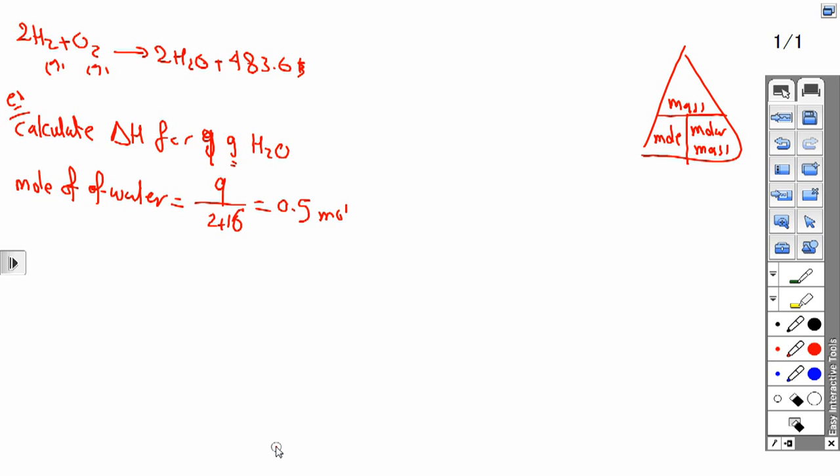If this equation is given, for example, so the 2 moles produce 483.6. So 1 mole produce 241.8, or if delta H for water gas equal negative 241.8, calculate the delta H for 9 gram.